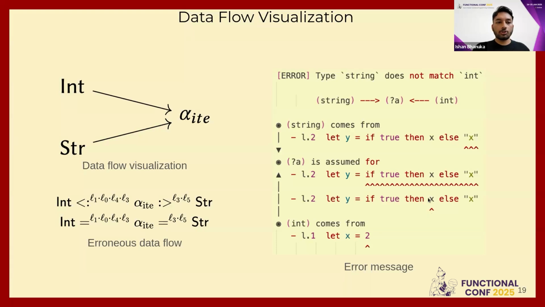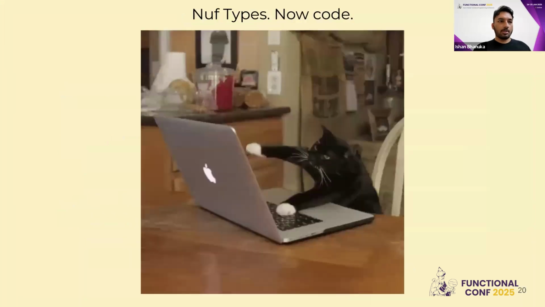The x variable gets used in the then branch, which becomes part of the return type of the whole if then else expression. But the else branch has type string. And so these two collide at the same location, which is why we cannot type check this program and present an error.